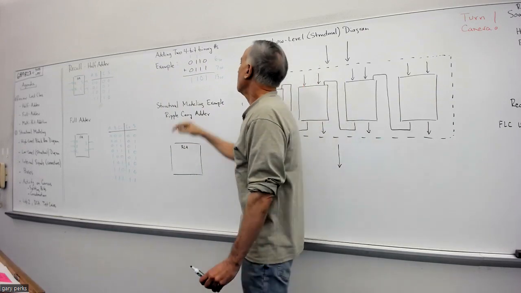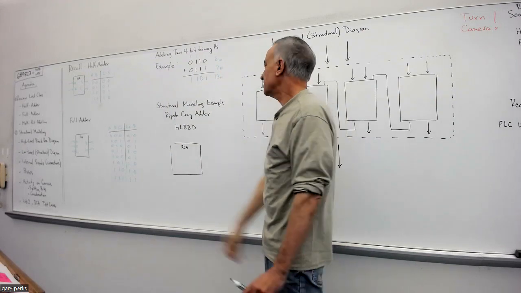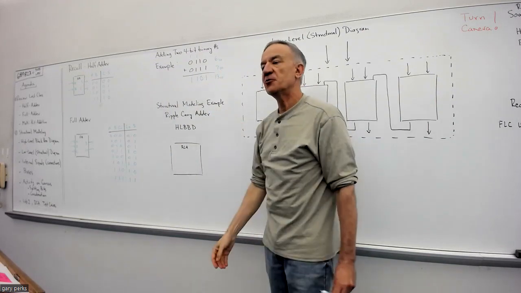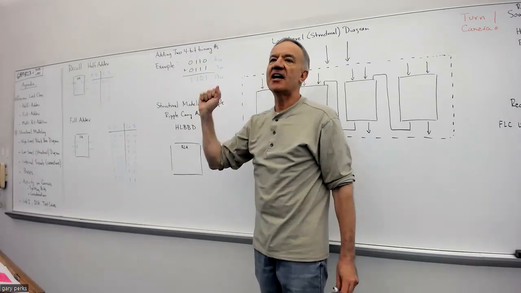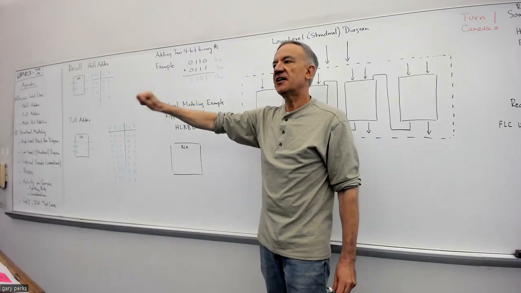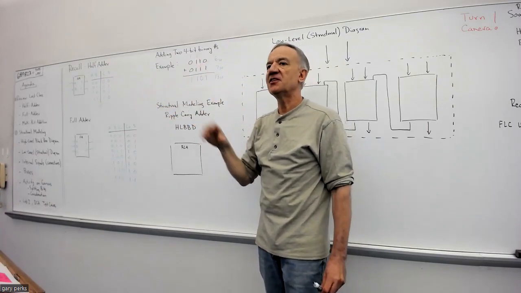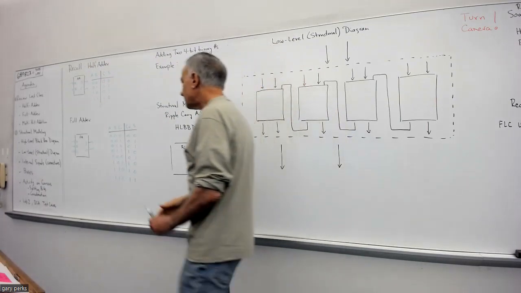Okay. All right, so that's going to lead us into structural model, to make this ripple carry adder. That's the example we're using. But like I said at the very beginning of class, all the labs from here on out in this class are going to be structural models. And when you build a microprocessor in CPE133, that's also a structural model.